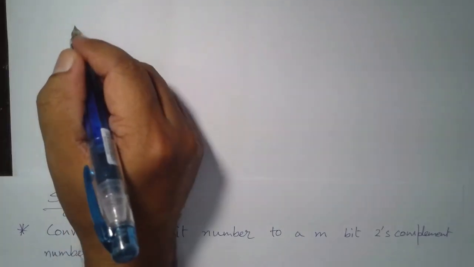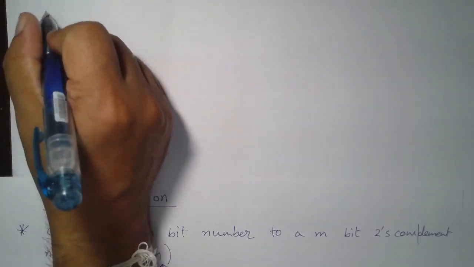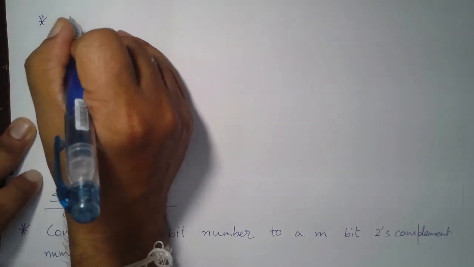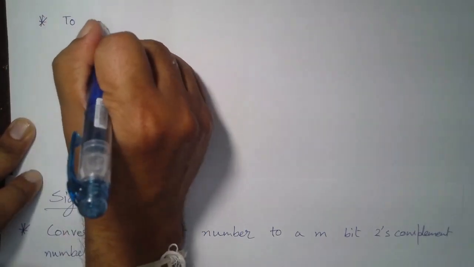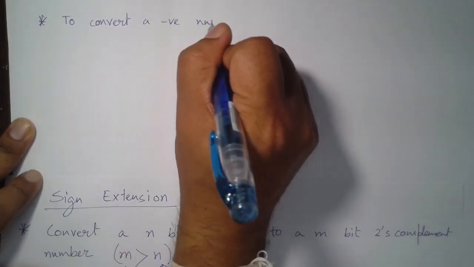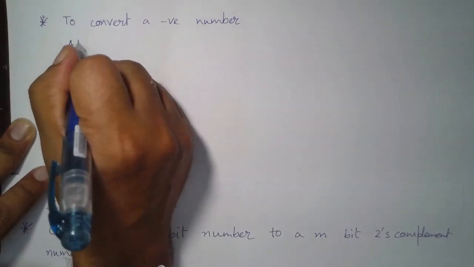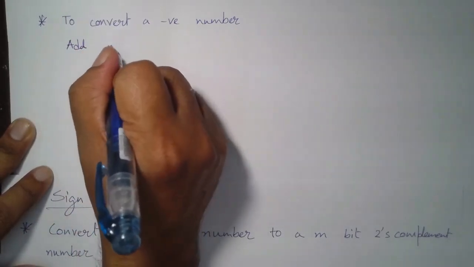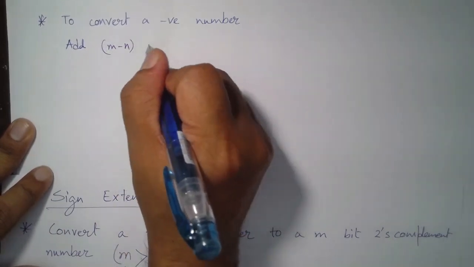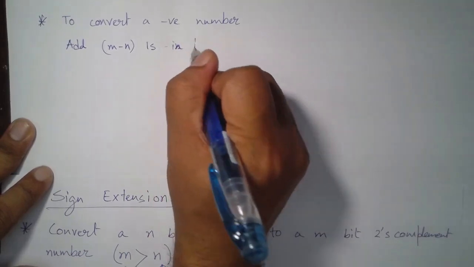So the sign extension, if we want to summarize, so to convert a negative number, you have to add m minus n ones in the MSB position.